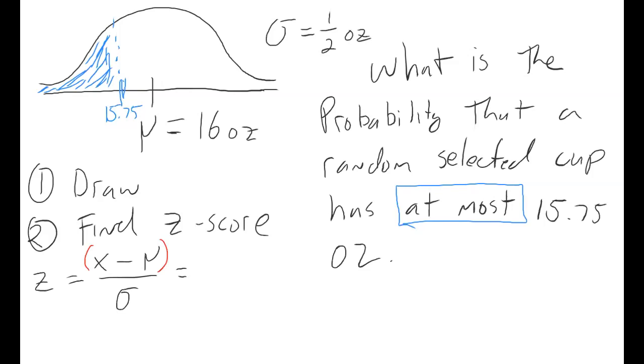So the number from the problem, that is our x, right? That is our blue number here. So we have an x, we have a mu, and we have our sigma. So our problem is 15.75 minus 16 all over 1/2.